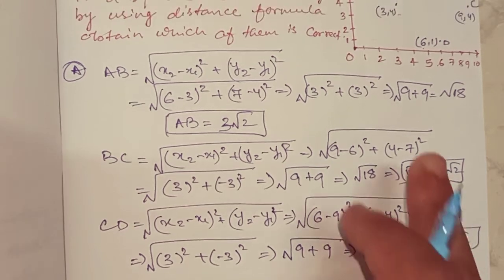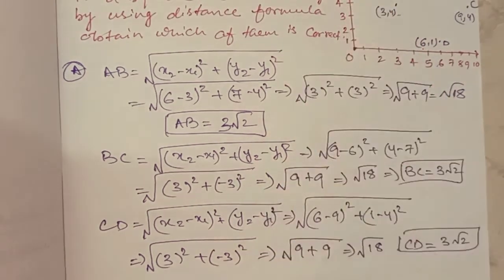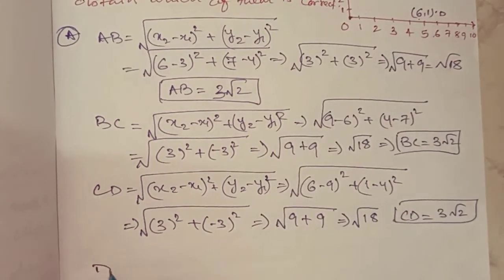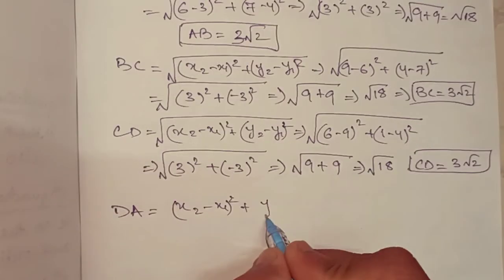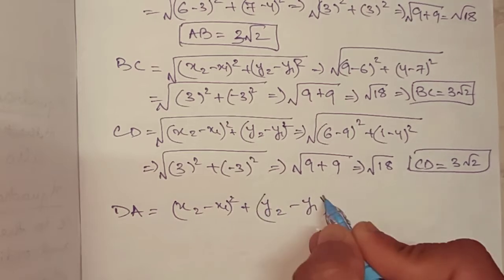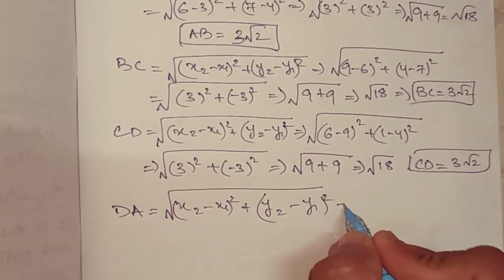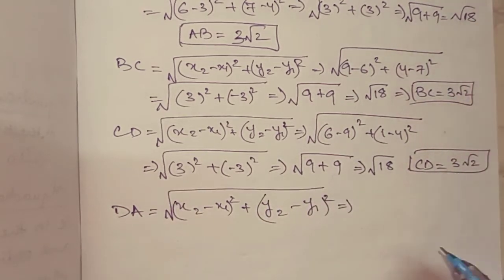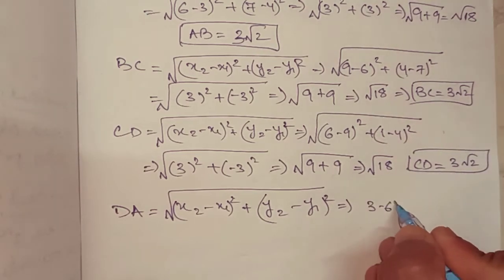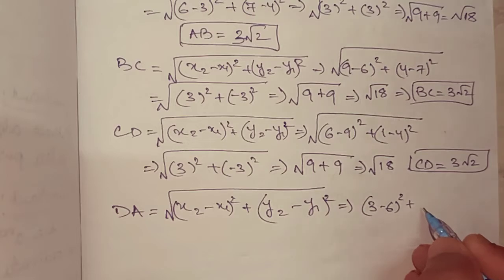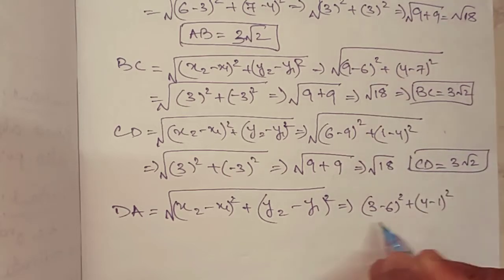Last, the distance between DA. The square root of (x2 minus x1) whole square plus (y2 minus y1) whole square, which is (3 minus 6) whole square plus (4 minus 1) whole square.